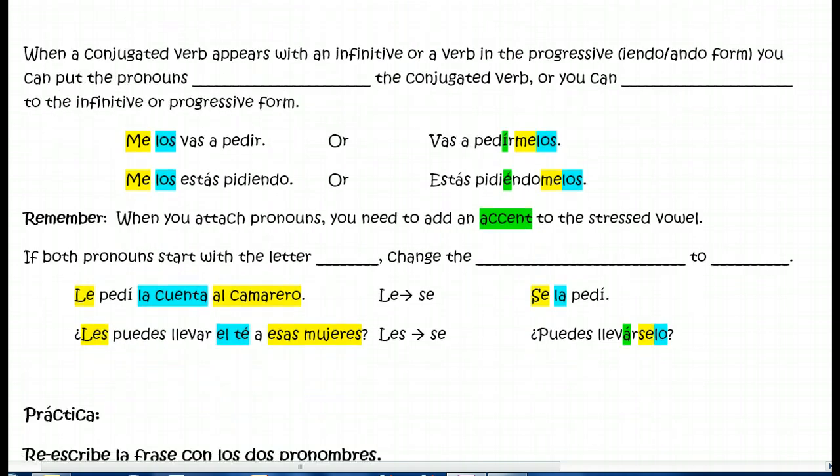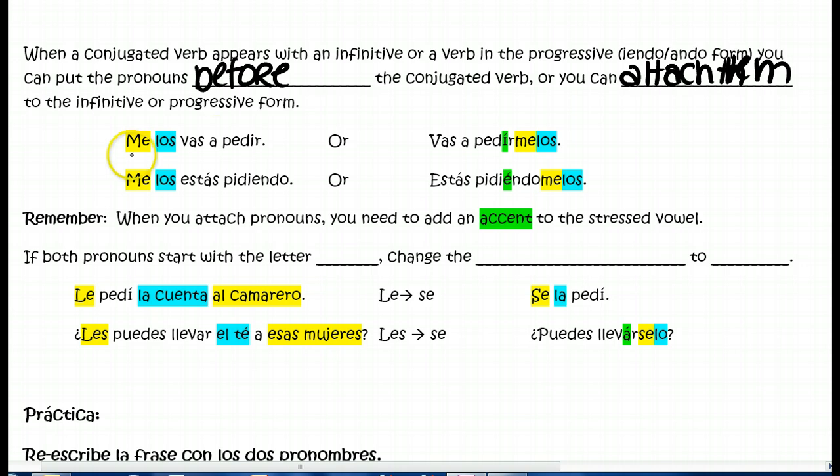So just like when we have the two different types of object pronouns alone, when a conjugated verb appears with an infinitive verb or a verb in the progressive, which is the yendo or ando form, you can put the pronouns in one of two places. You can put them both before the conjugated verb, or you can attach them to the infinitive or the progressive form.